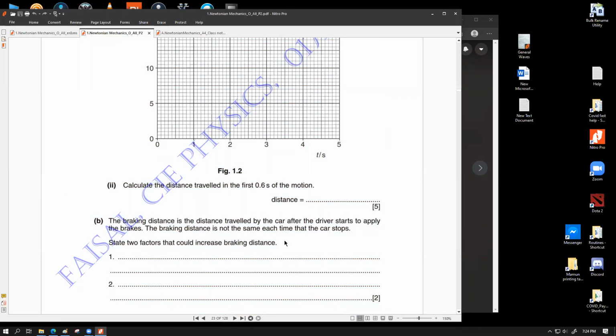The basic meaning of increased braking distance is that the car's deceleration became smaller, or the force we were decelerating with, for example the friction force between the tire and the road, by some physical factor became weaker than it should be. For example, it can be a slippery road, maybe it was raining, or there was loose sand or asphalt on the road.